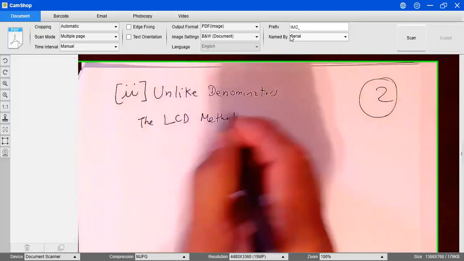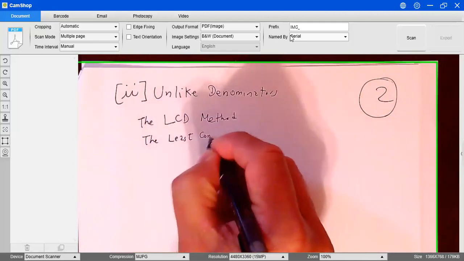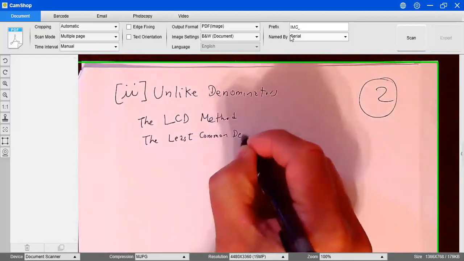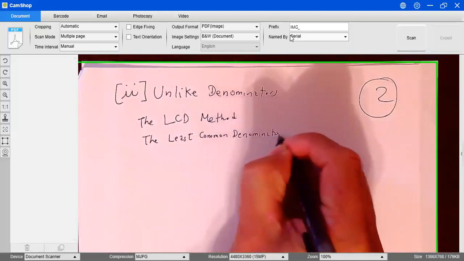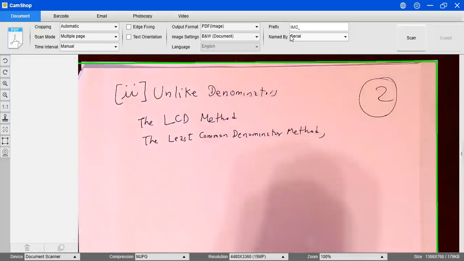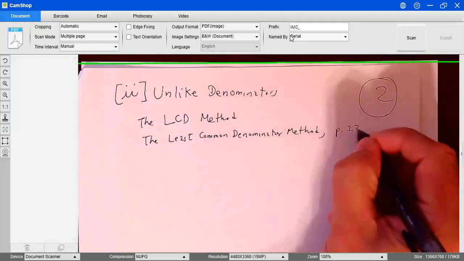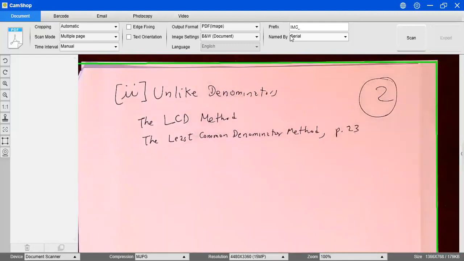The LCD method is the least common denominator method. So this is on page 23 in your book, if you want to read that part of the section.